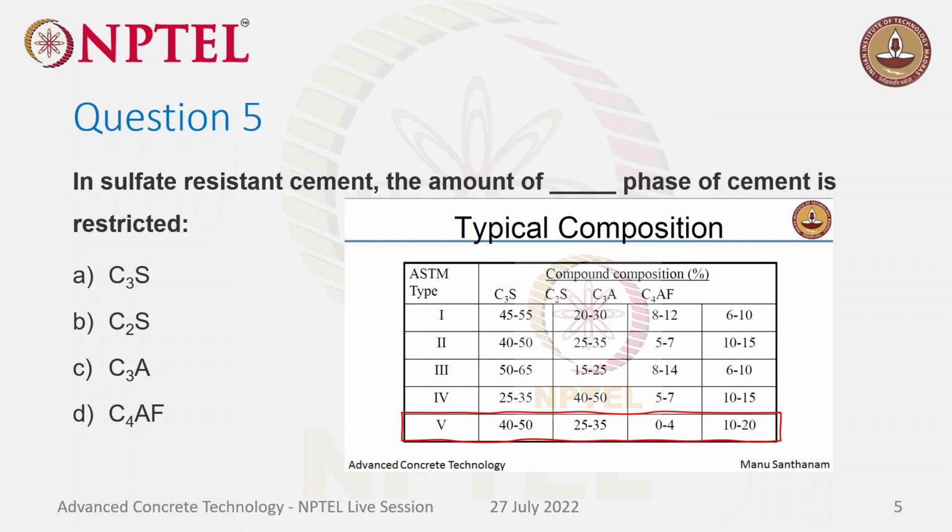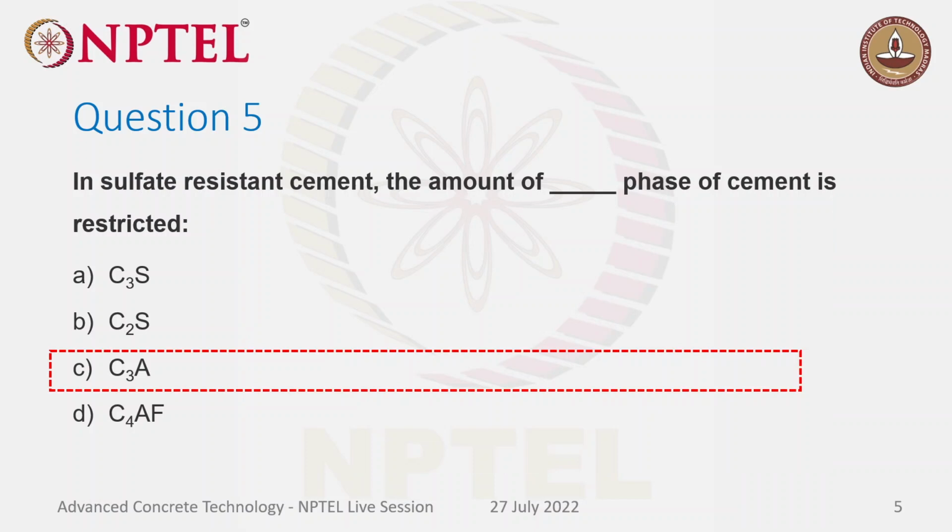Moving on, the answer is nothing but C3A. We have to limit the tricalcium aluminate phase because whenever there is excess alumina, it will continue to form monosulfate phases. In sulfate resisting cement, there will be an additional source of sulfates from the surrounding environment to the hardened cement phase.